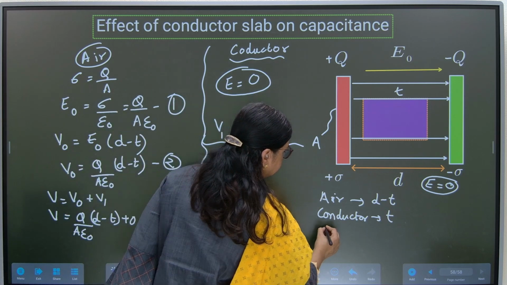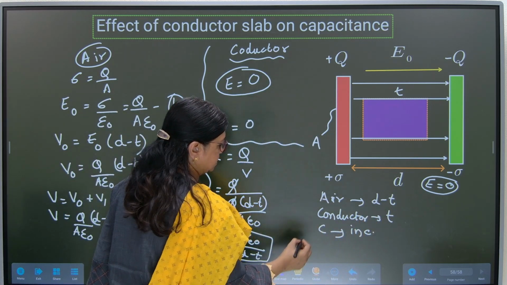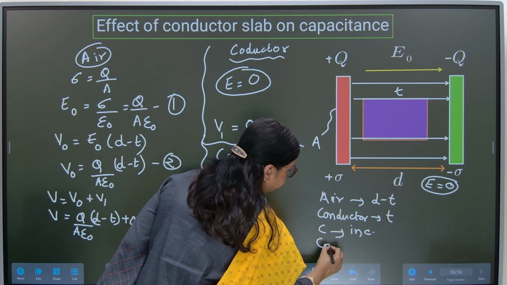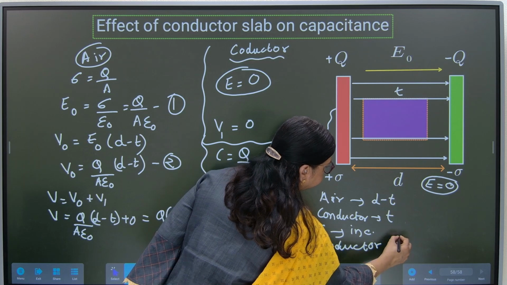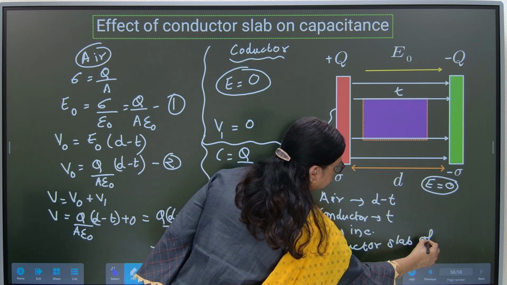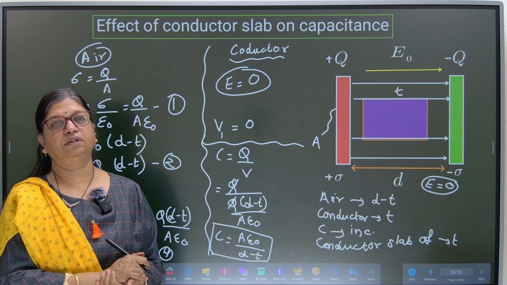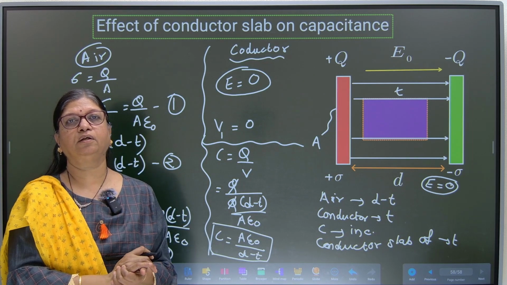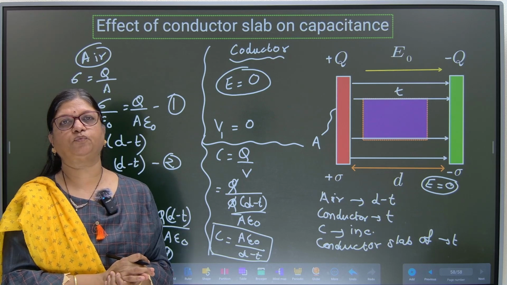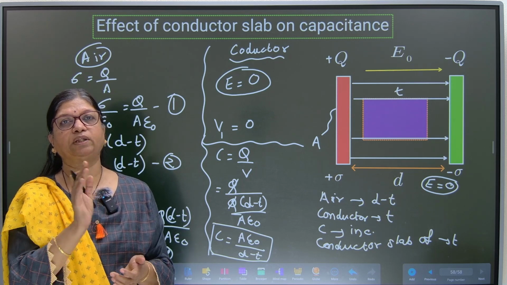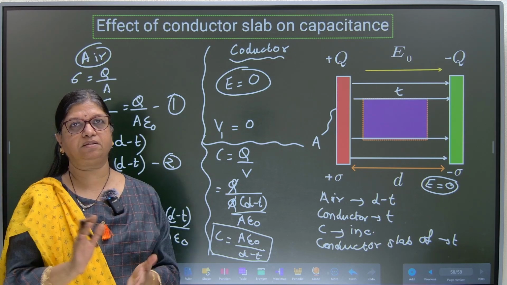So C increases when we place a conductor slab of thickness T between the plates. So it's very important to understand what is placed between the two plates of a capacitor so that it can affect the capacitance of that capacitor. Fine.